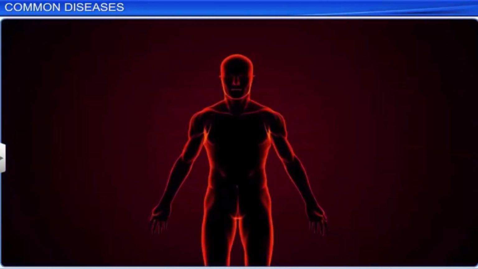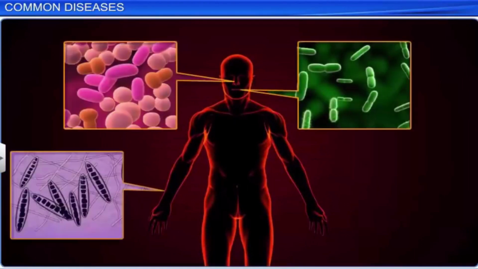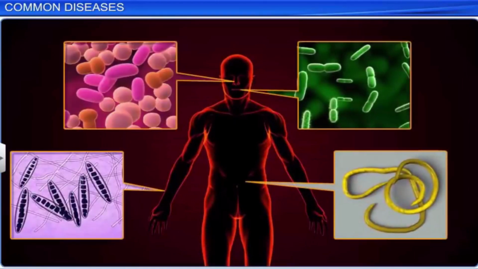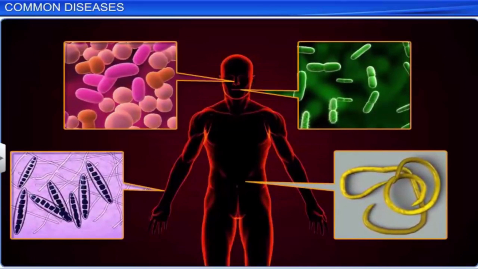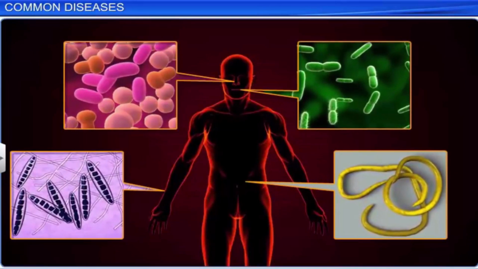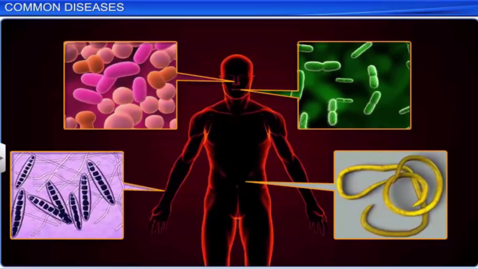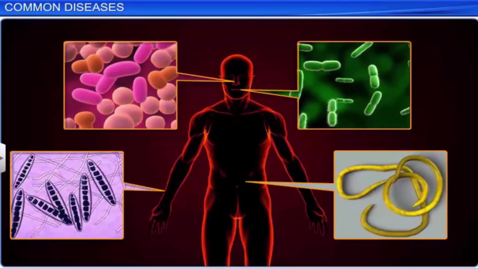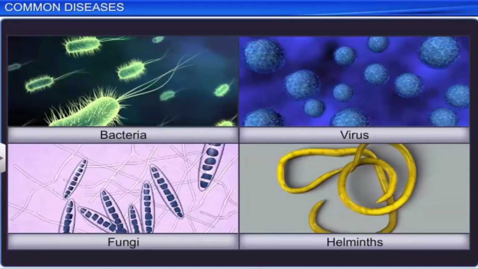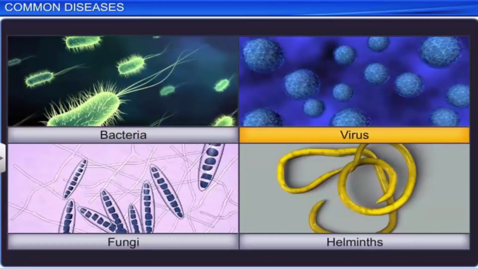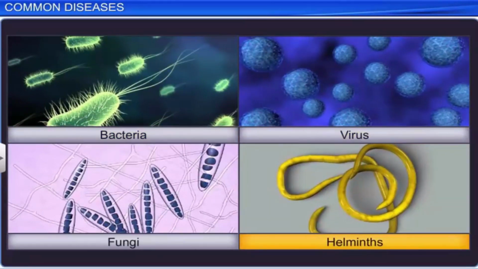Pathogens enter our body through various means, adapt to the environment inside the body, and multiply inside. They then interfere with normal bodily functions, causing either morphological or functional damage. Some common pathogens are bacteria, viruses, helminths, and fungi.